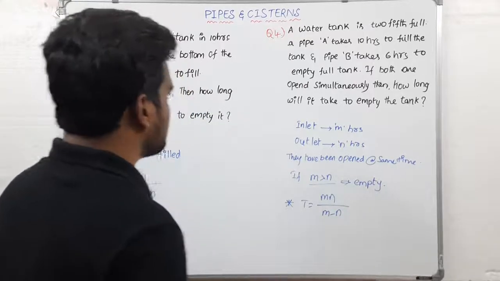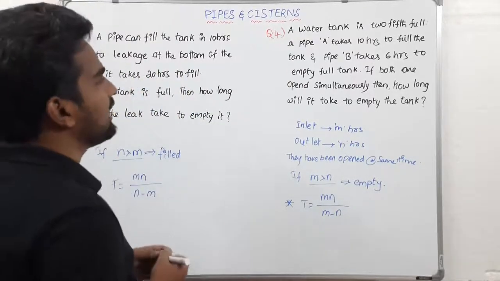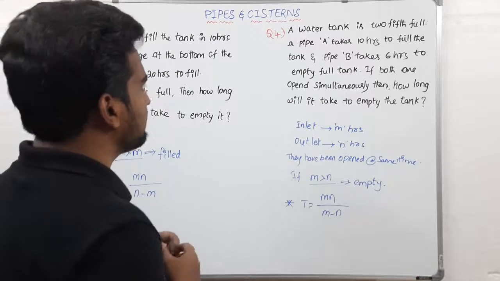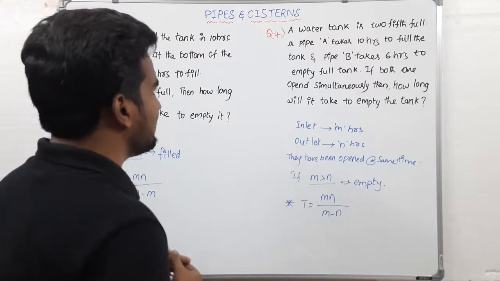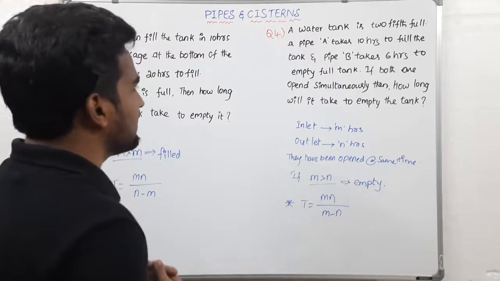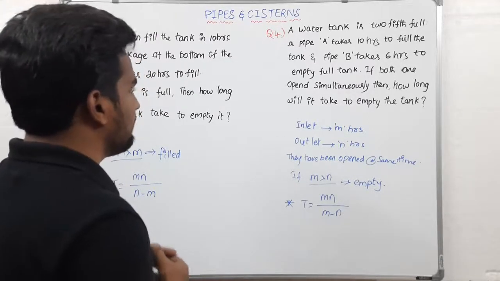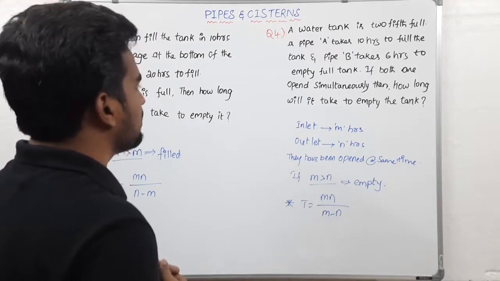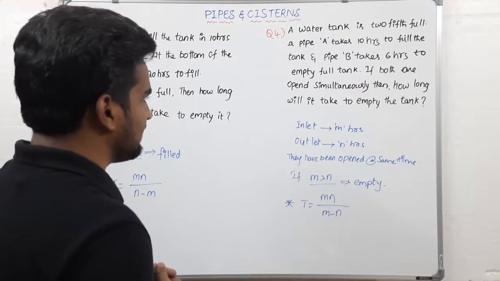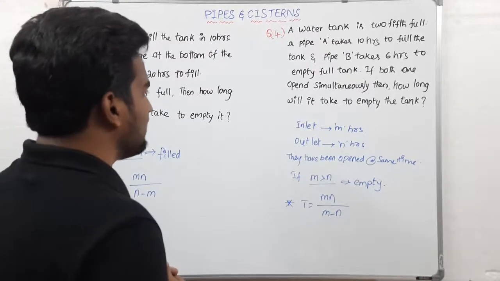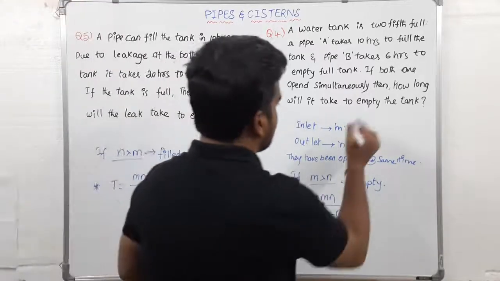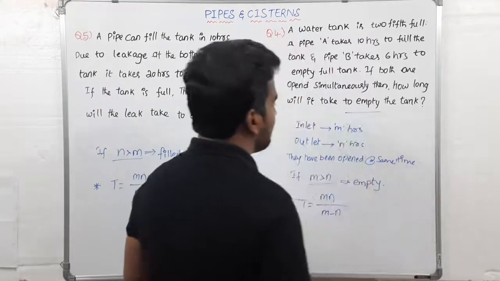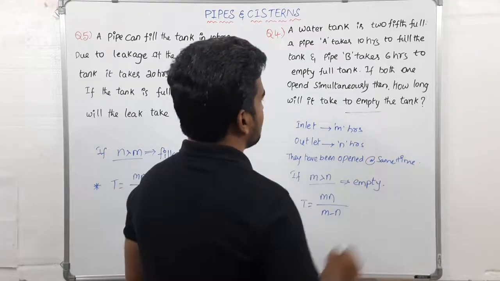Now let us see question number 4. A water tank is 2/5 full, and pipe A takes 10 hours to fill the tank and pipe B takes 6 hours to empty the full tank. If both are opened simultaneously, how long will it take to empty the tank? The tank will be emptied after some time.